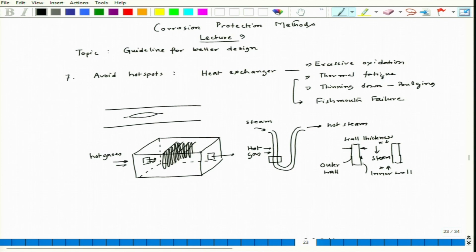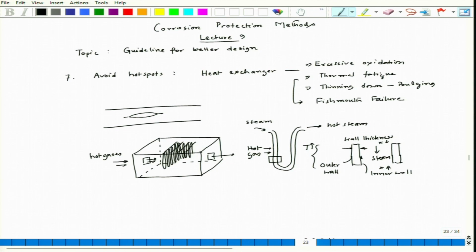Now, this steam is getting heated up locally, so the local temperature around this zone will go up, and steam can oxidize iron. Let us say these pipes are chromium containing steel, which gives a good amount of oxidation resistance.